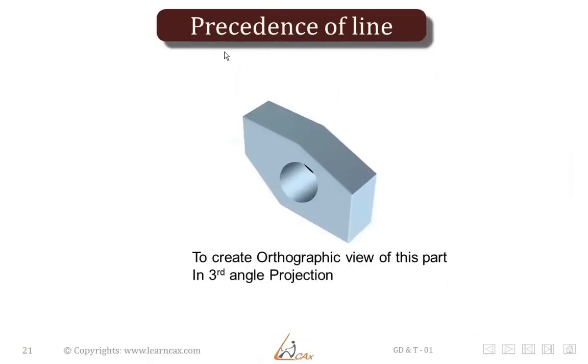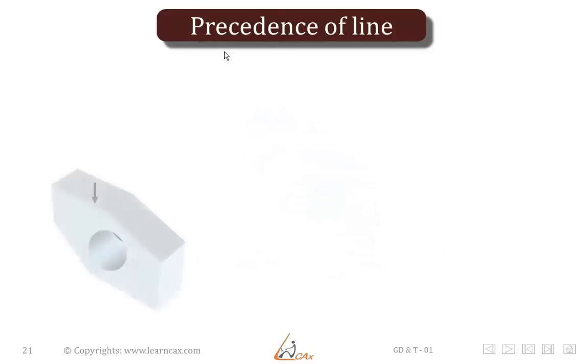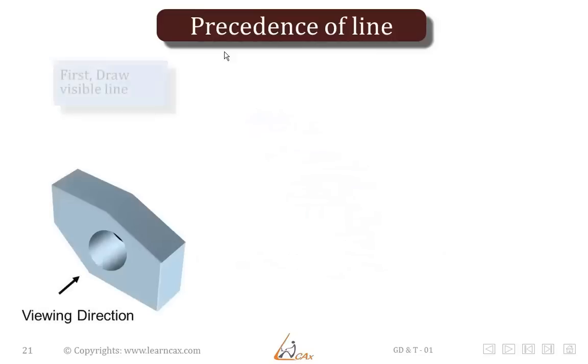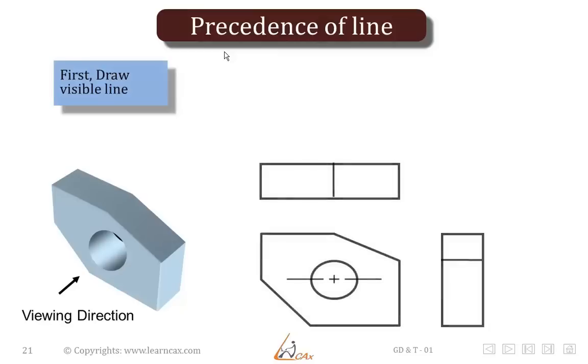Now let's see the precedence of lines, that is, to create an orthographic view of this part in third angle projection, what needs to be done. So first of all, we are fixing the viewing directions, then draw the visible lines, that is, all the visible lines are drawn. This is in the front view, top view and the side view.